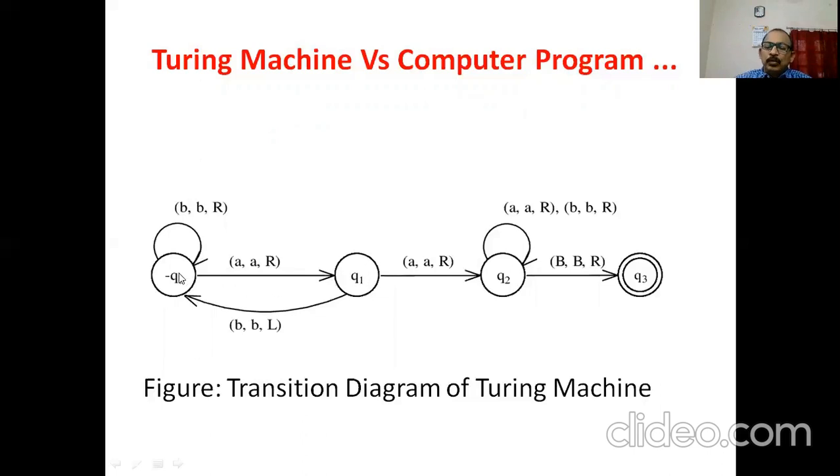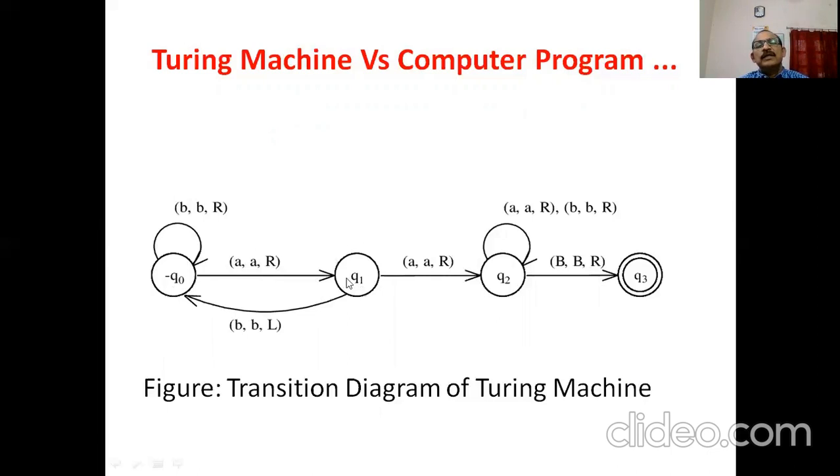With the help of this transition diagram, or you can take it with the help of transition moves: machine in state Q0, if input is A, replace this A by A, move in the right direction and go to the state Q1.